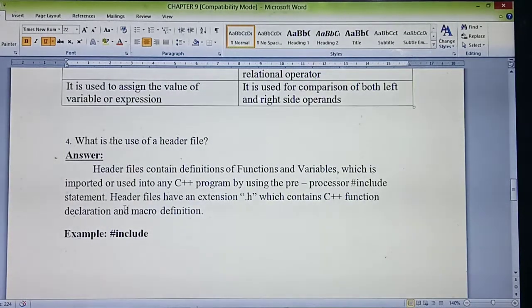What's the use of a header file? Write first.